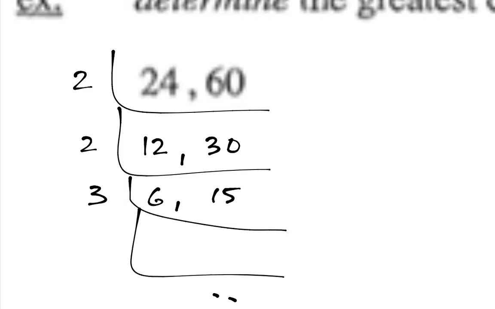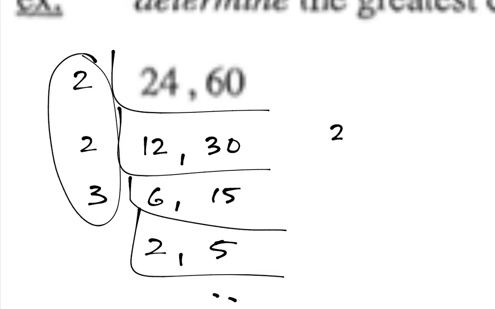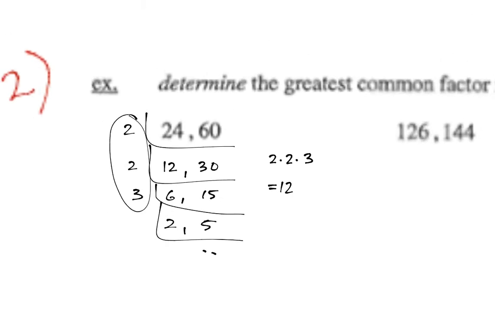Divide by 3, I get 2 and 5. Now I'm done. The GCF is these guys, right? 2 times 2 times 3, 12. That means 24 can divide by 12 and 60 can divide by 12. And nothing larger than 12 will divide both of those.